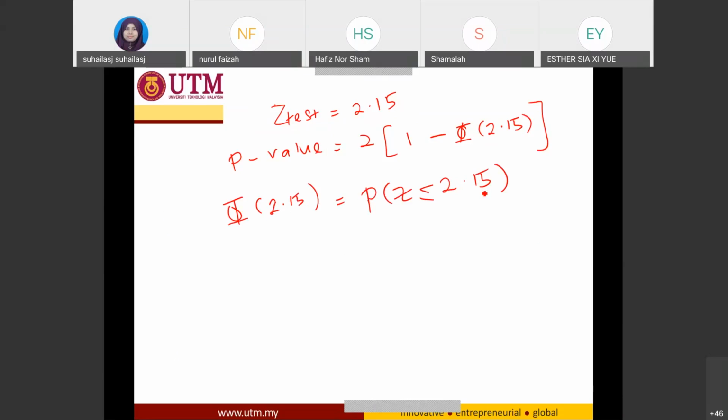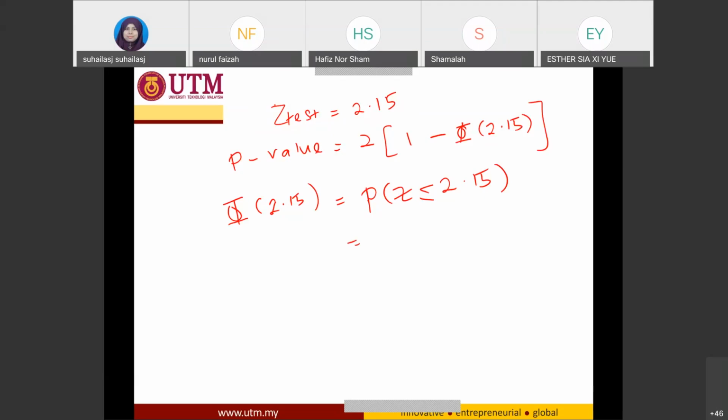Your Z test now is 2.15, so you need to find the probability Z is less than or equal to 2.15.